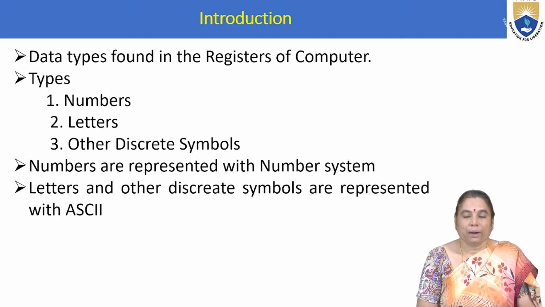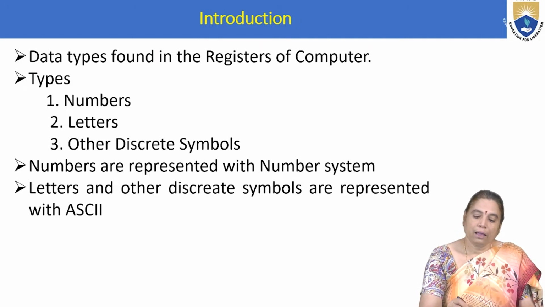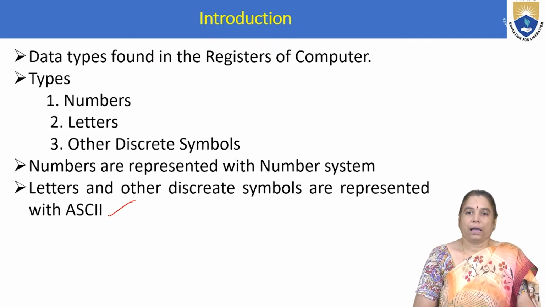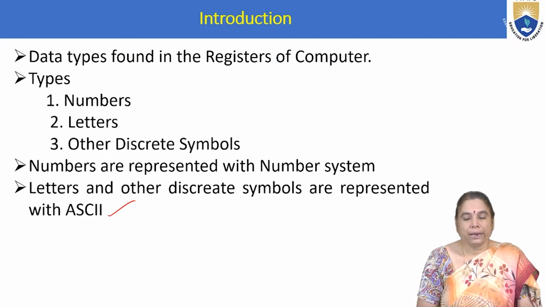But in computer organization, the data can be stored in the registers of a computer, and these types can be numbers, letters, or special symbols. Numbers can be represented with a number system. Letters and special symbols are represented with a special code, that is the ASCII code, American Standard Code for Information Interchange.